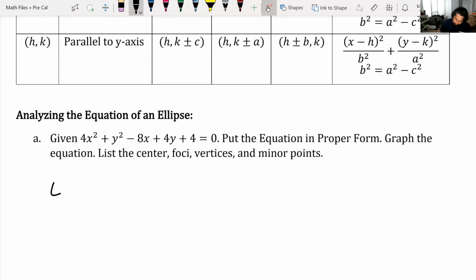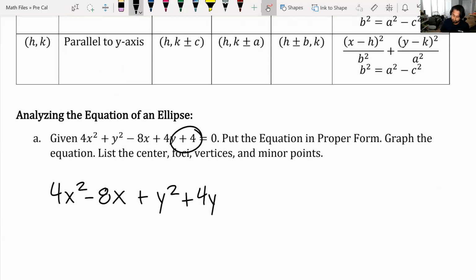So we'll have 4x squared minus 8x plus y squared plus 4y, and move anything that doesn't have a variable over to the right. So that means that 4 is coming over.